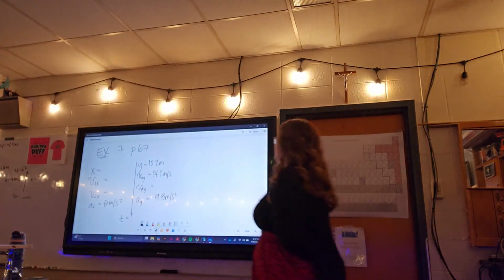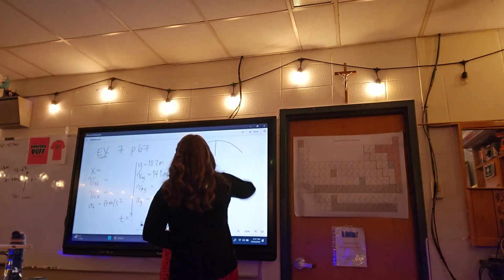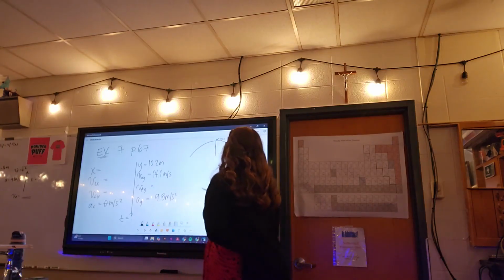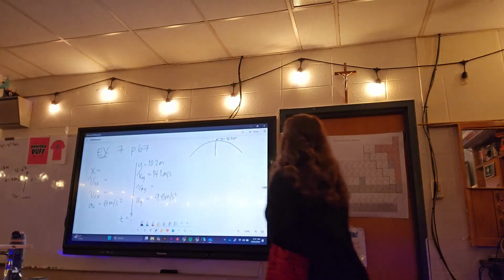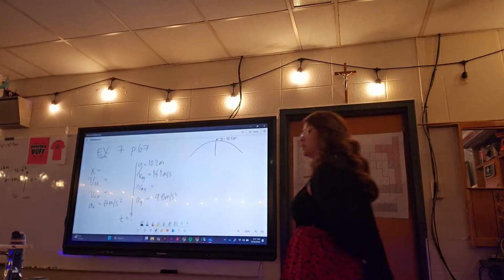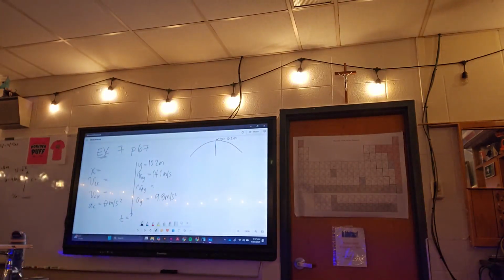Okay, so I'm going to draw my picture. This is the point that we calculated. This is that y equals 10.2. Okay, so we've got a lot of data there. Let's see if one of our formulas from our blue formula sheet has time in it. What we don't have is that final velocity. And so, oh wait, well, we do.